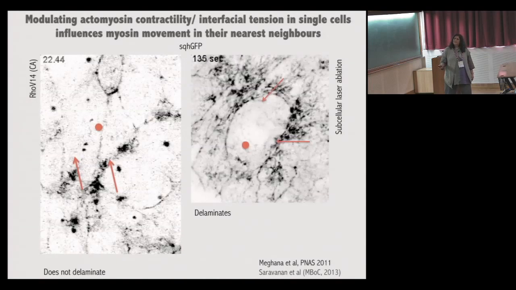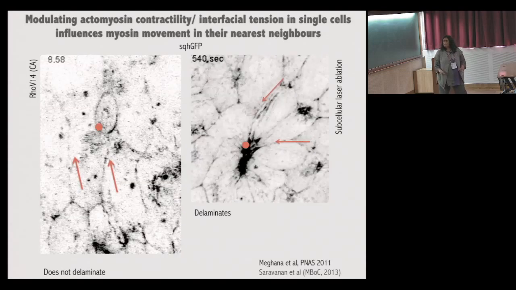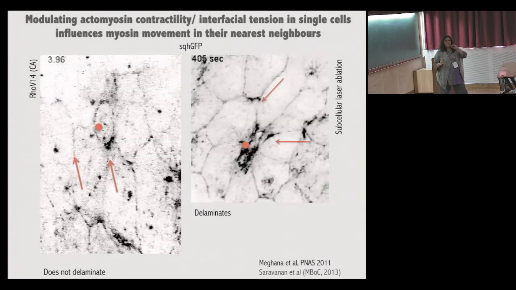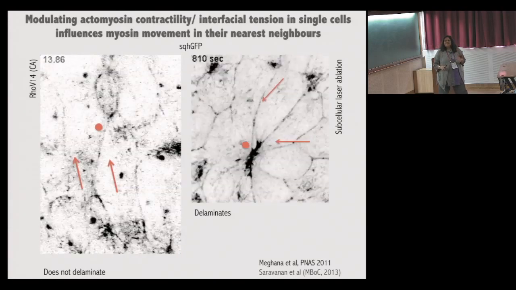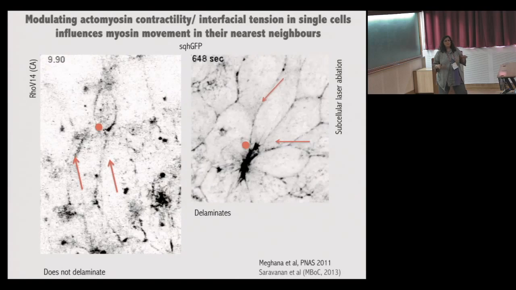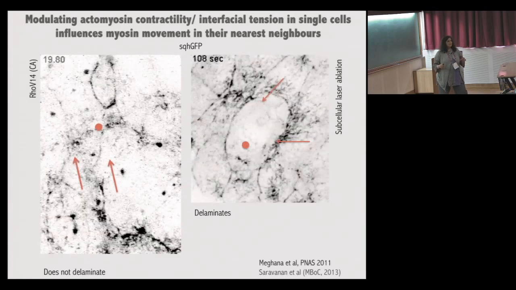So what this essentially tells you is that in the sheet of cells where you have pulsed contractility, a cell is sensitive and responsive to the state of contractility in its neighbors.